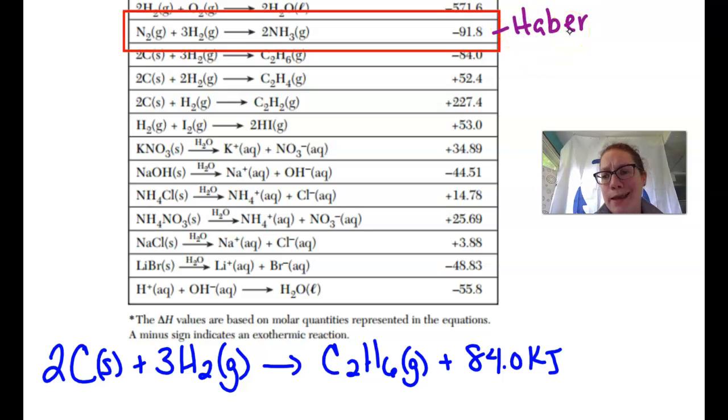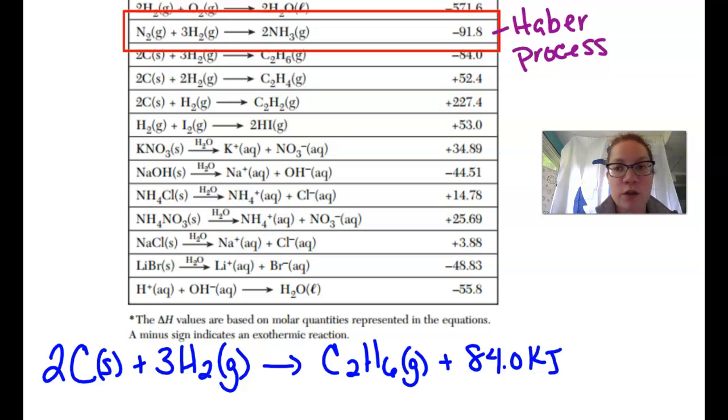This is how we create fertilizer, and this is why we're able to not have food shortages. You're actually going to watch another video on this, and we'll talk about why this is so important. The Regents asks about it all the time. So let's use this as our, oh, I'm sorry, that's also exothermic.